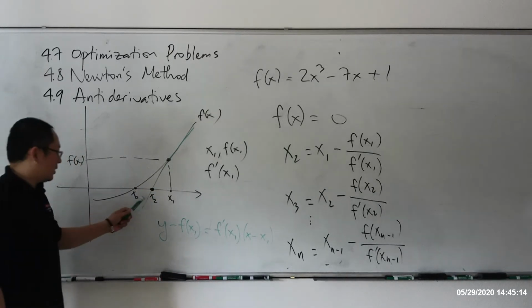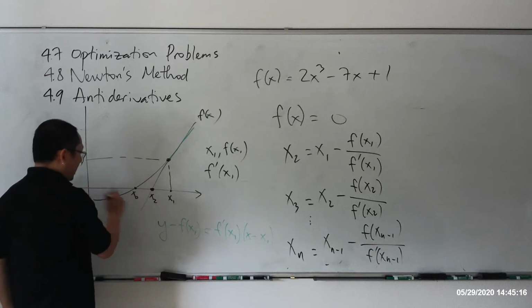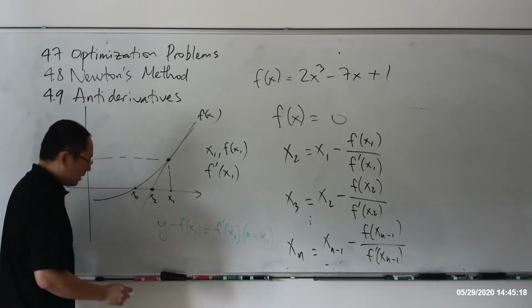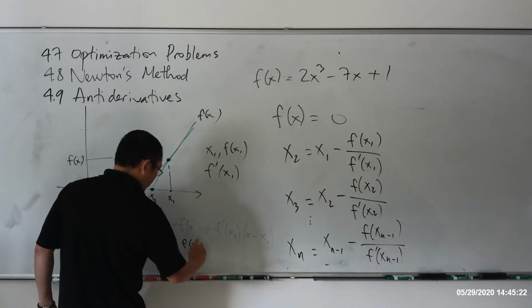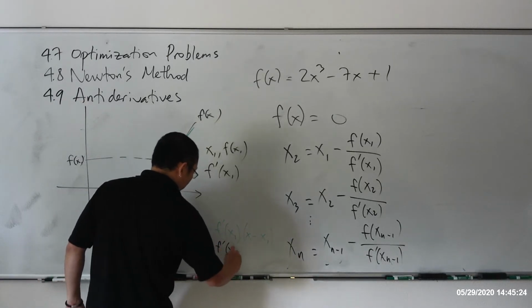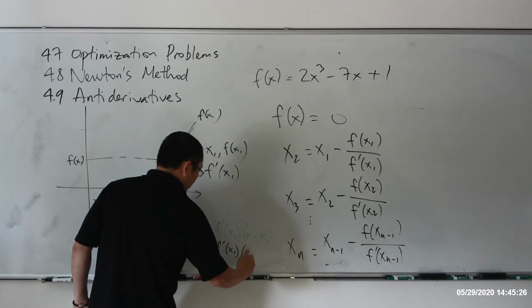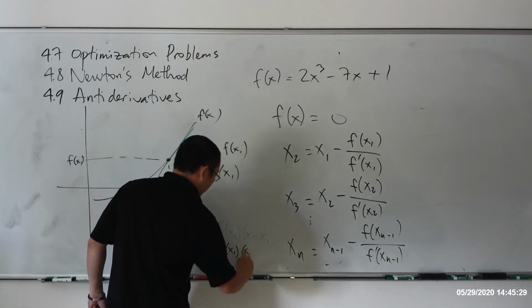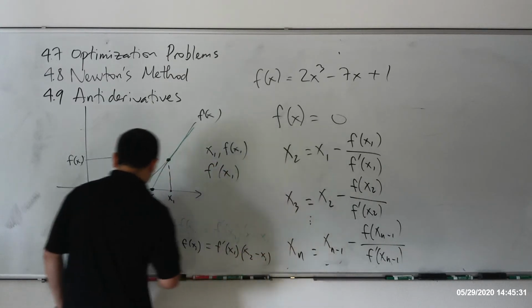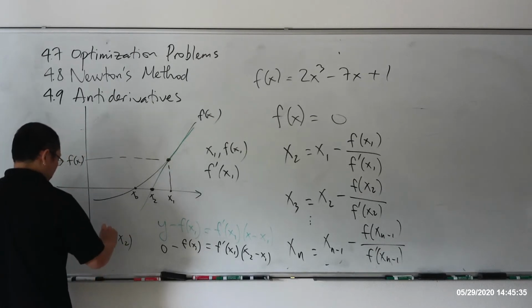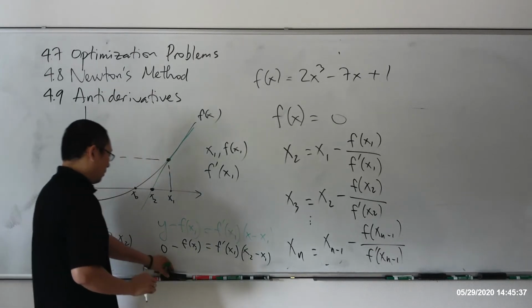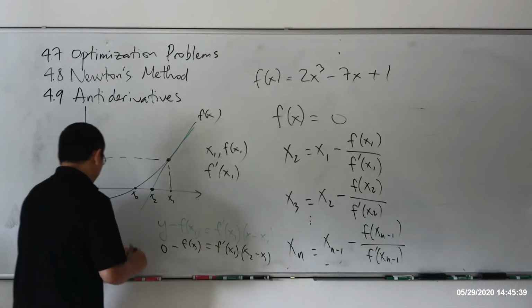So how do I find x2? This point is on the line, y is 0, so I'm looking at y equals 0 right here. I got 0 minus f of x1 equal to f prime of x1 times, this x now is x2, right? x2 minus x1. The point is x2, comma 0, x first.